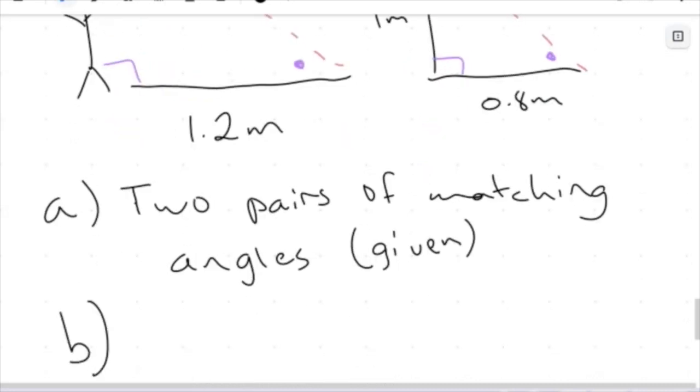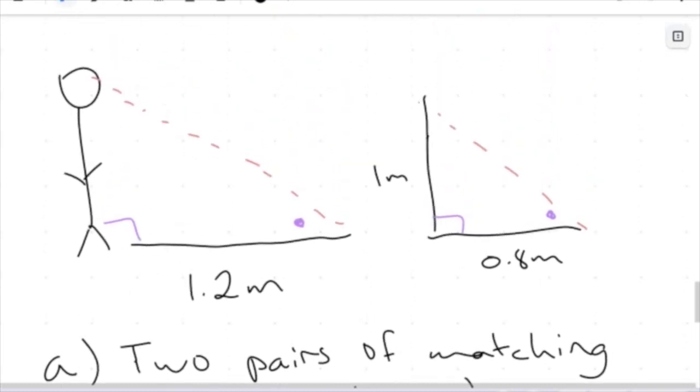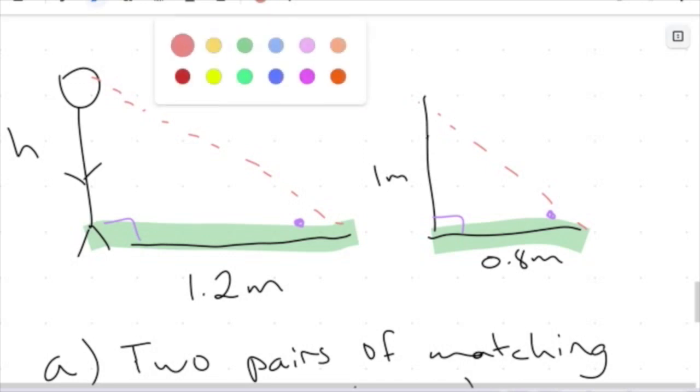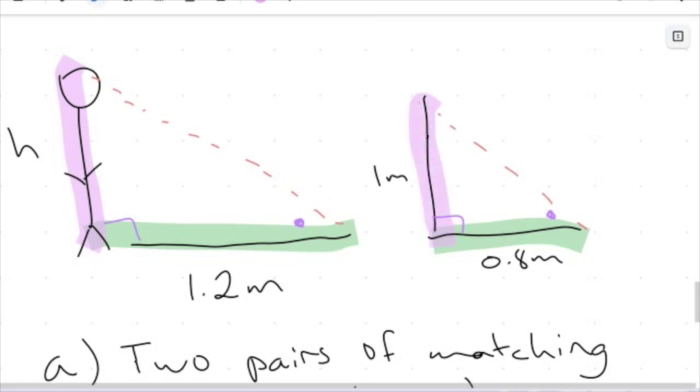And for part B, we want to now actually find Chris's height. Let's call that h. All right, now, because these two triangles are similar, that means that whatever the scale factor is between my 1.2 meters and my 0.8 meters, that will be in proportion to Chris's height and the 1 meter stick.